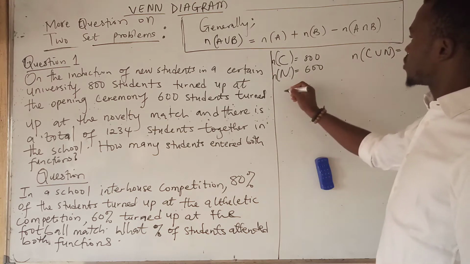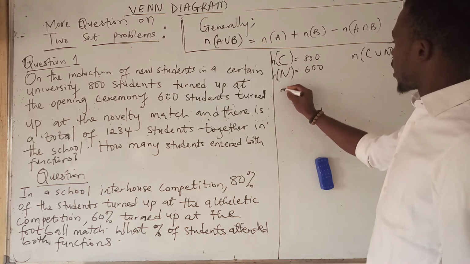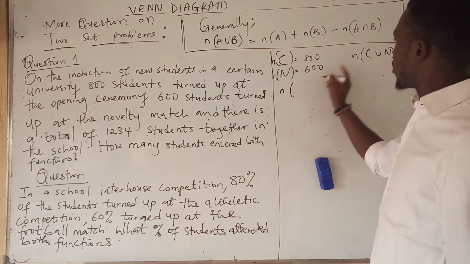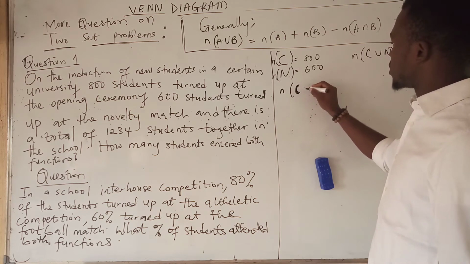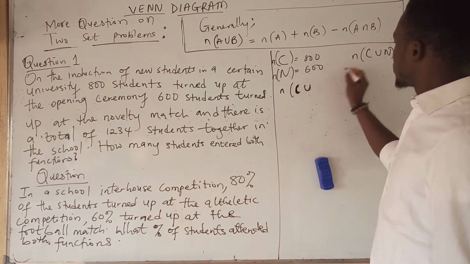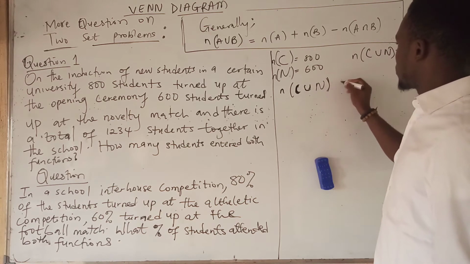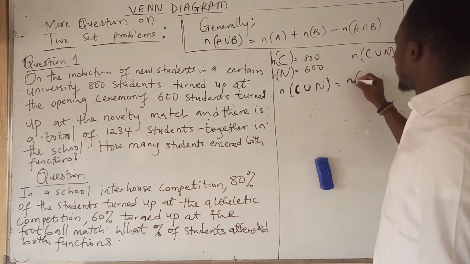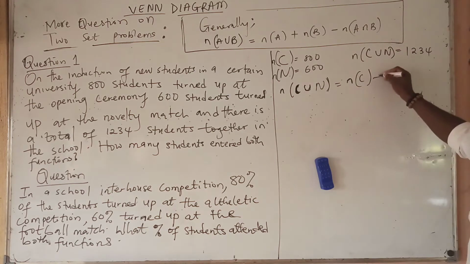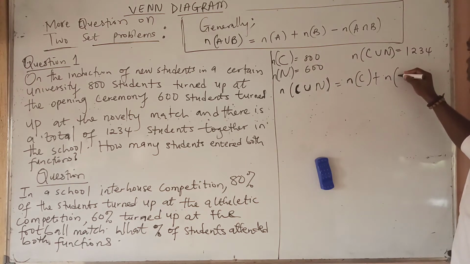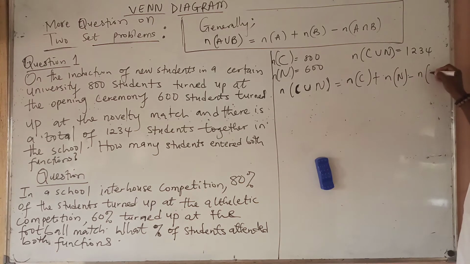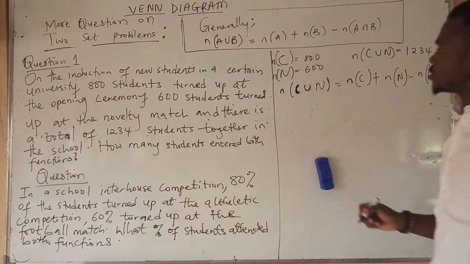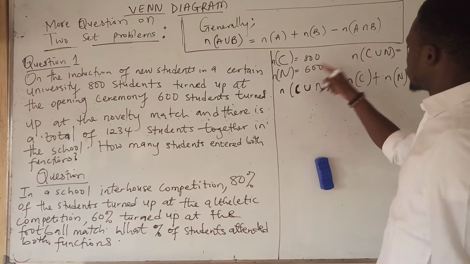The number of people that attended the opening ceremony union the novelty march will be equal to n(C) plus n(N), minus the intersection, n(C intersect N).